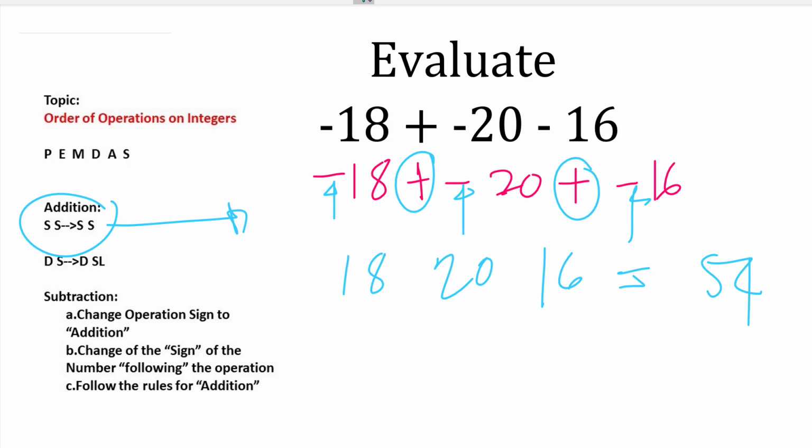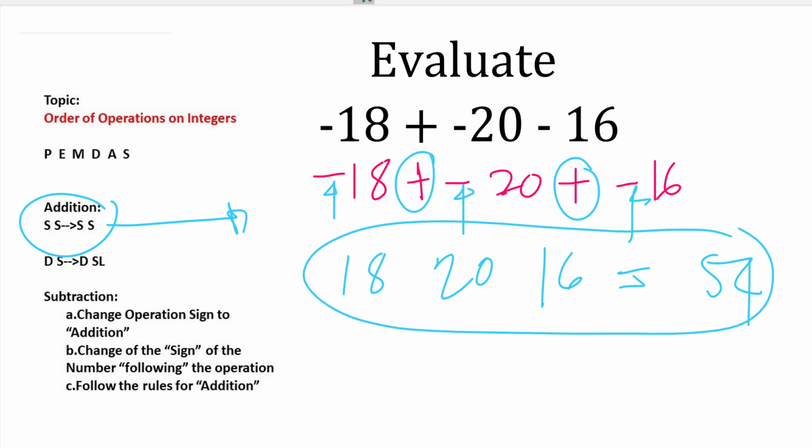These are the absolute values, but the sign of the sum is negative because all the numbers here are negative.